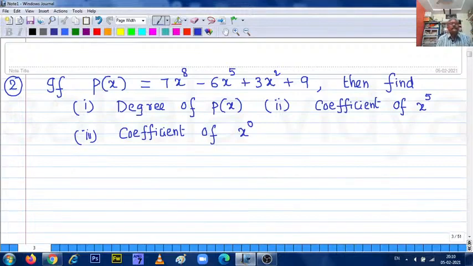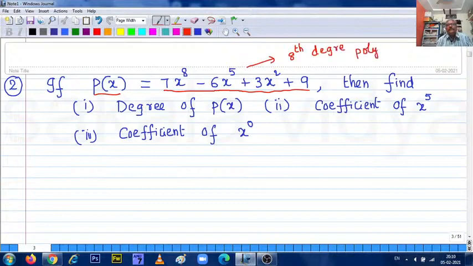Right. So p of x is given as 7x to the power of 8 minus 6x to the power of 5 plus 3x square plus 9. So its degree is actually 8. This is called an 8th order polynomial, or 8th degree polynomial.